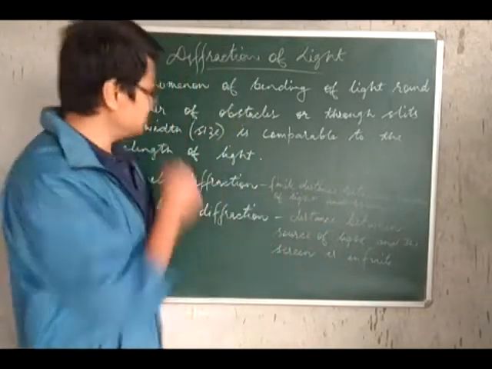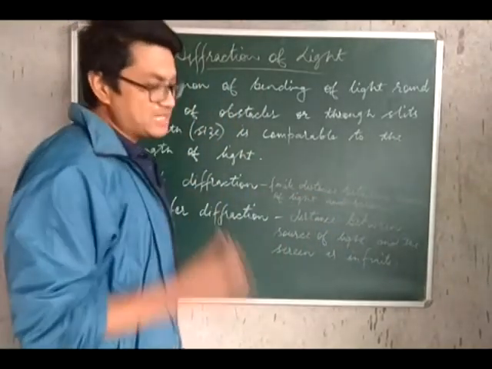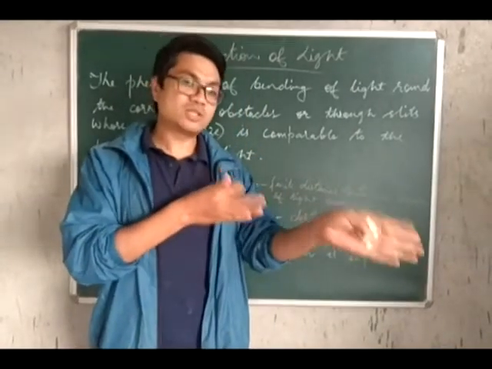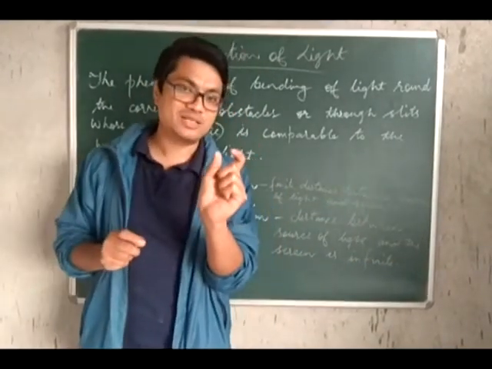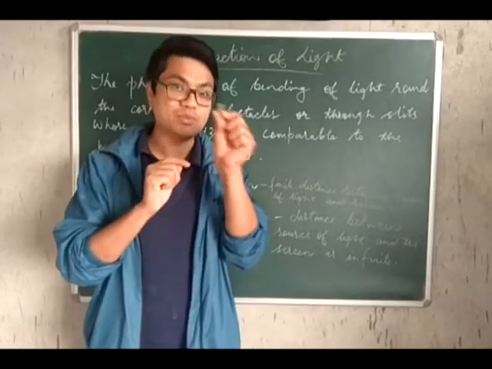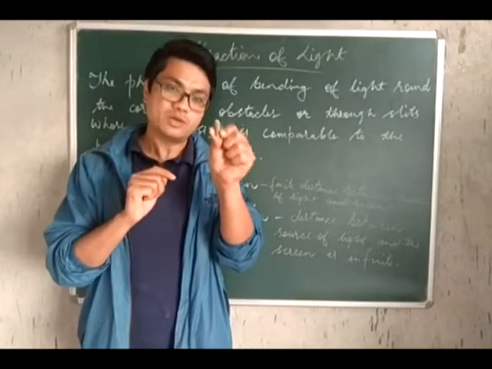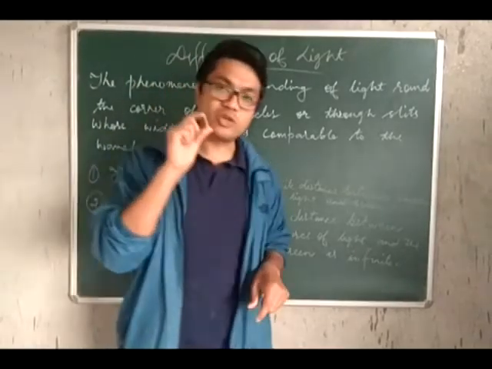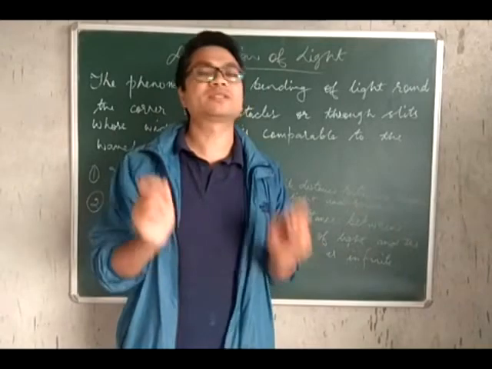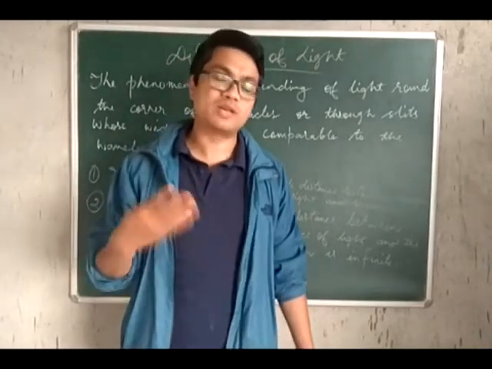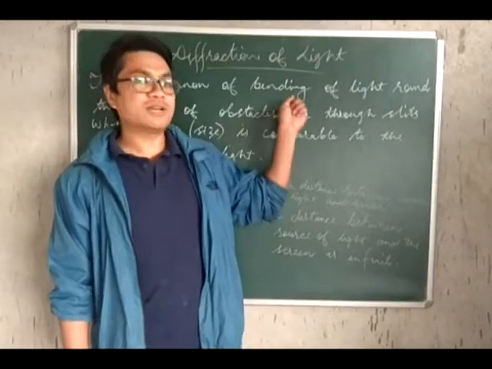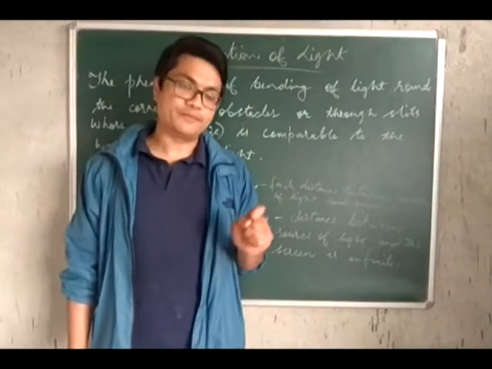So the phenomenon of bending of light, when it travels through a small slit or around the corner of some obstacles, provided the size of the obstacle or the width of the slit or the aperture is comparable to the wavelength of light, is called diffraction of light.